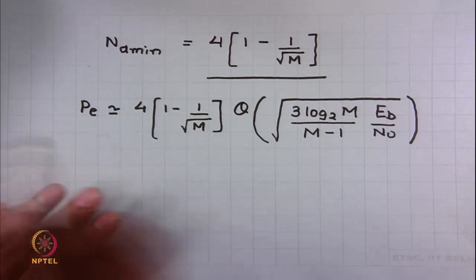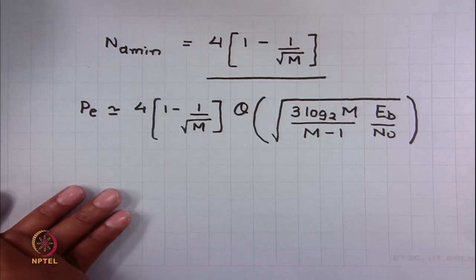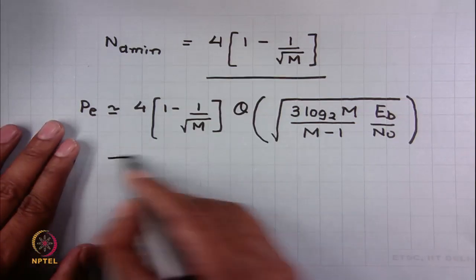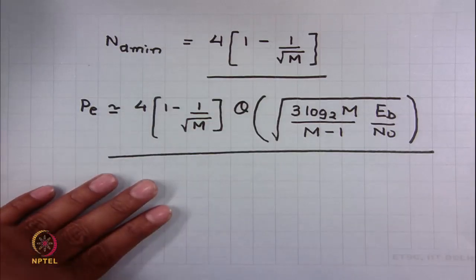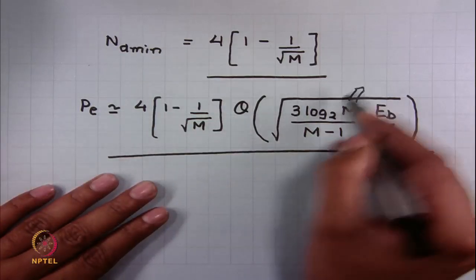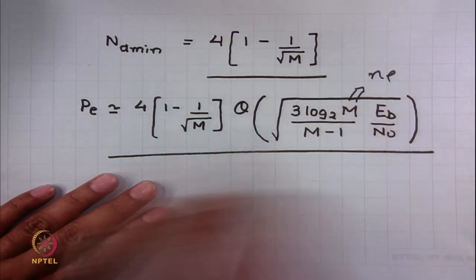So, the number of bits in a symbol must be even for a square grid constellation. So, if we assume M-QAM, the probability of error can be calculated like this. Here we have just substituted for the value of power efficiency as well.